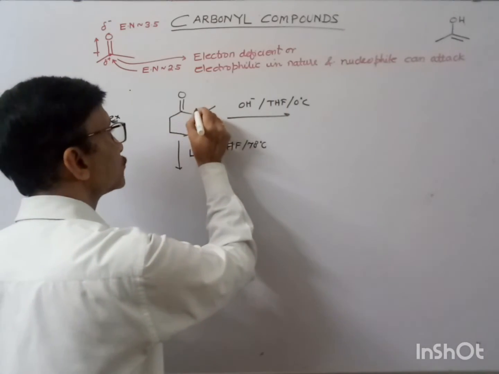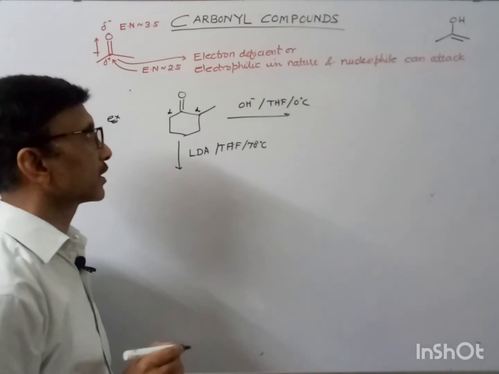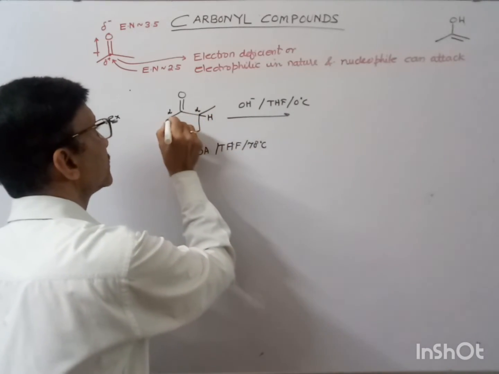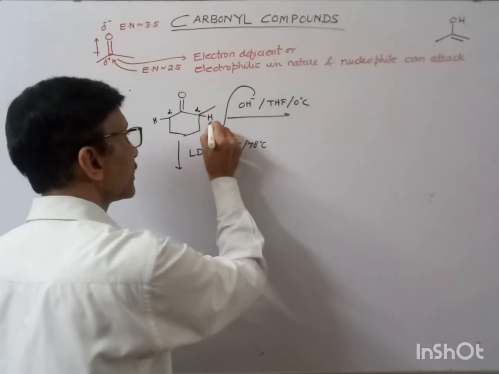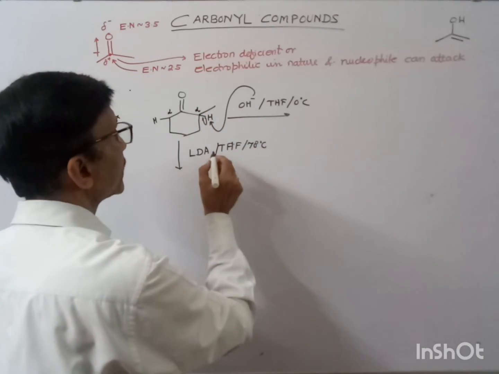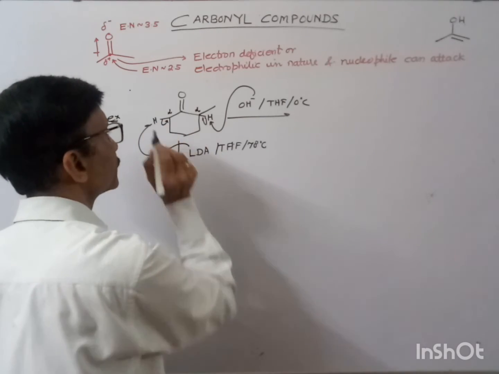So this is the alpha carbon atom, this is also the alpha carbon atom. The hydrogen which is present over here is the alpha hydrogen atom. The hydrogen which is present here is the alpha hydrogen atom. This will attack over here and we will finally get the enolate ion, and this LDA will take this one and we will get this one.